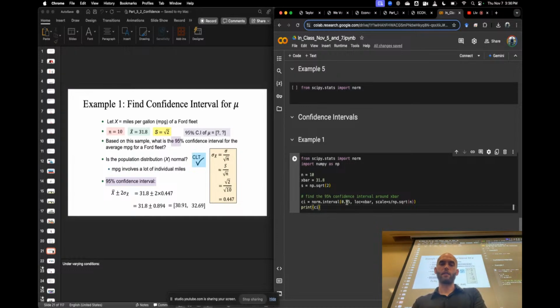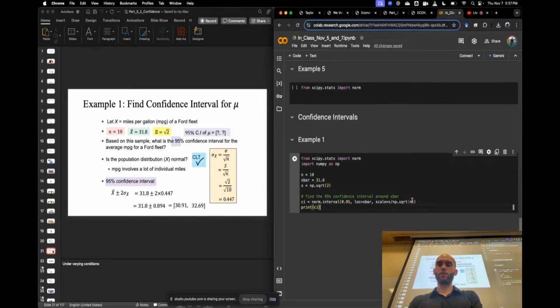This is telling us the level of confidence we wish to be. And we're centering this interval on loc, which is shorthand for the location of the distribution. And then we have X bar, so we're going to center it on this 31.8.